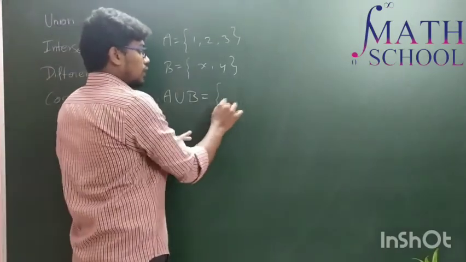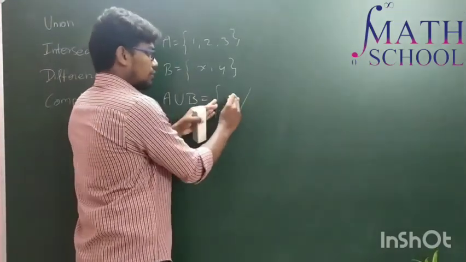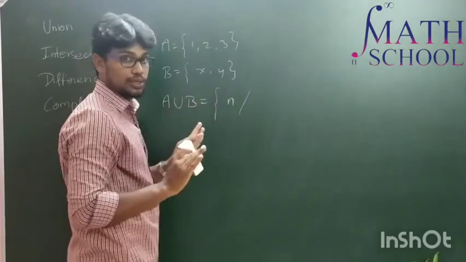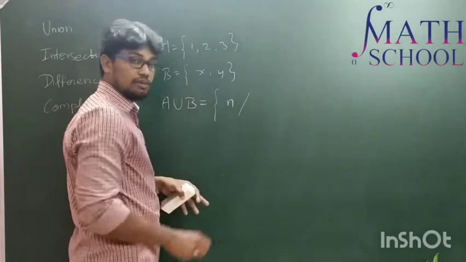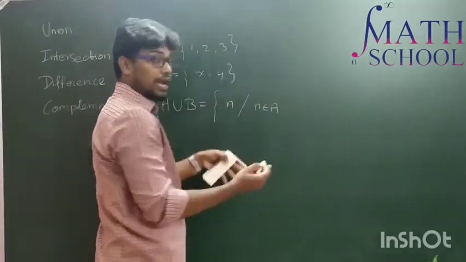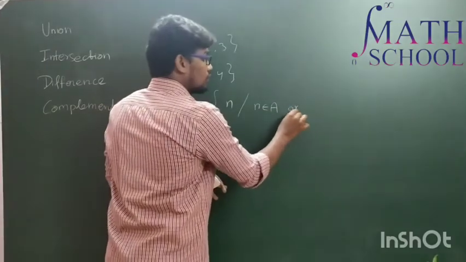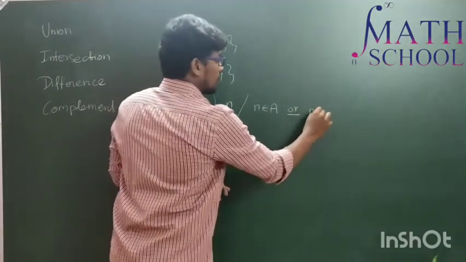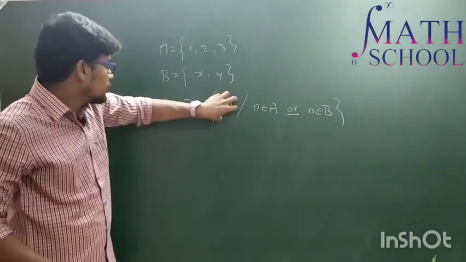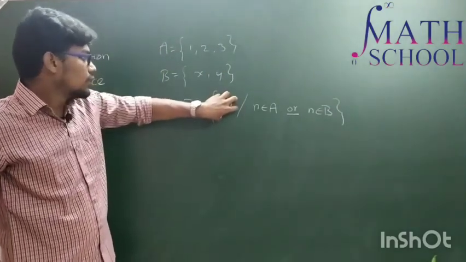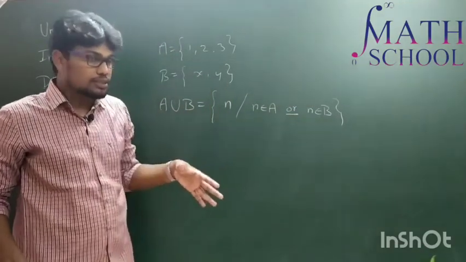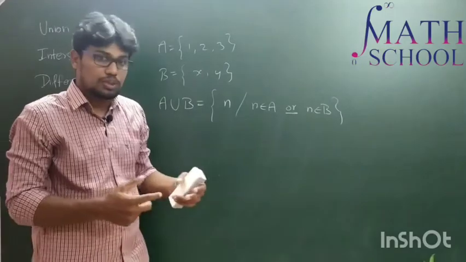What is A union B? A union B means it's a collection of all the elements such that the element should belong to A, or, note the word or, that element is from the set B. So you put all the elements in this set which can be either from A or from B. Here it is called inclusive or.